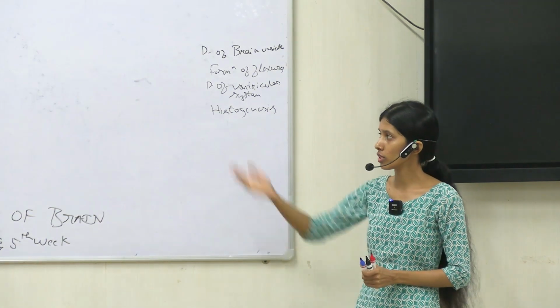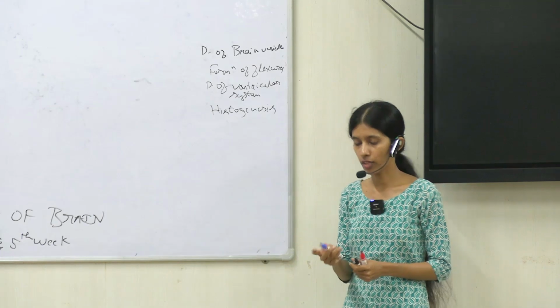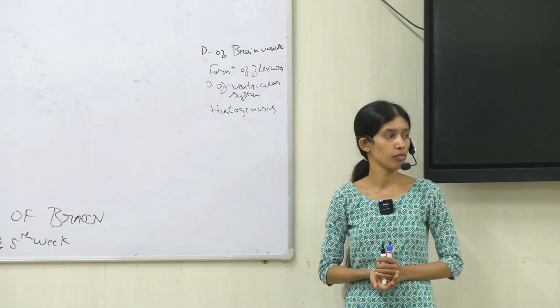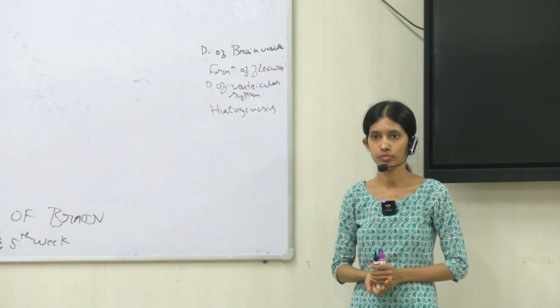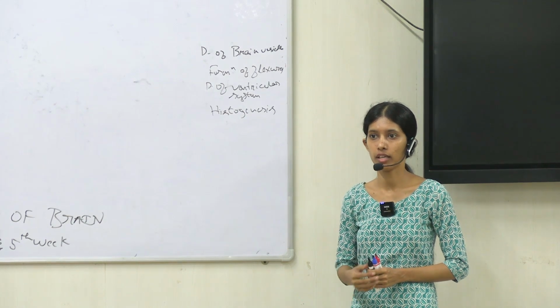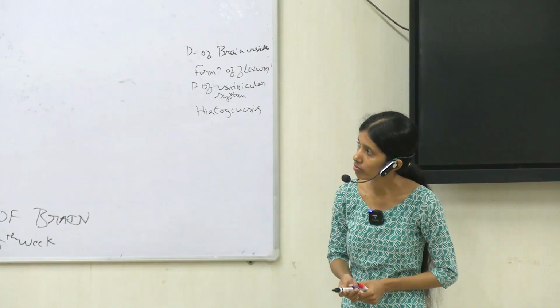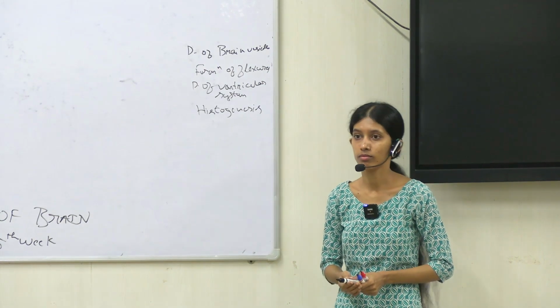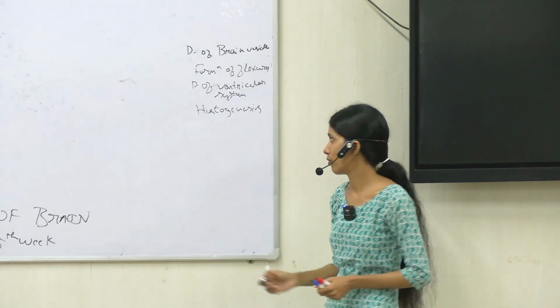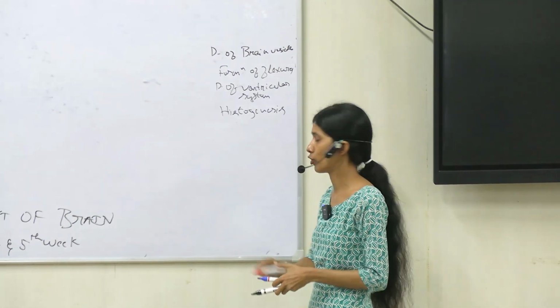So this is the neural tube. At which somite level can we see the fusion of the neural tube?